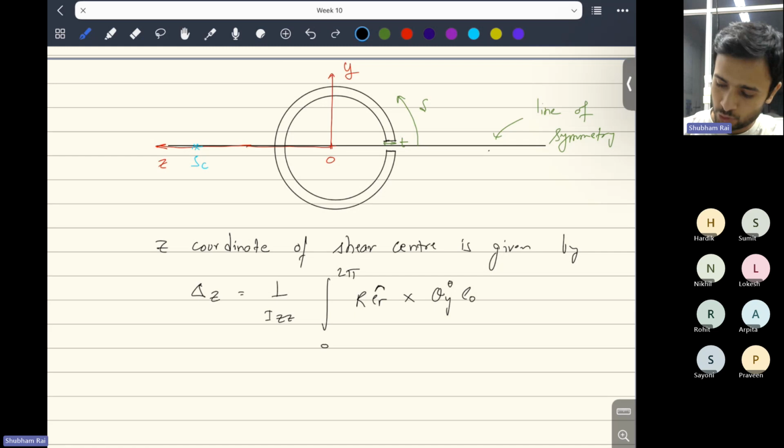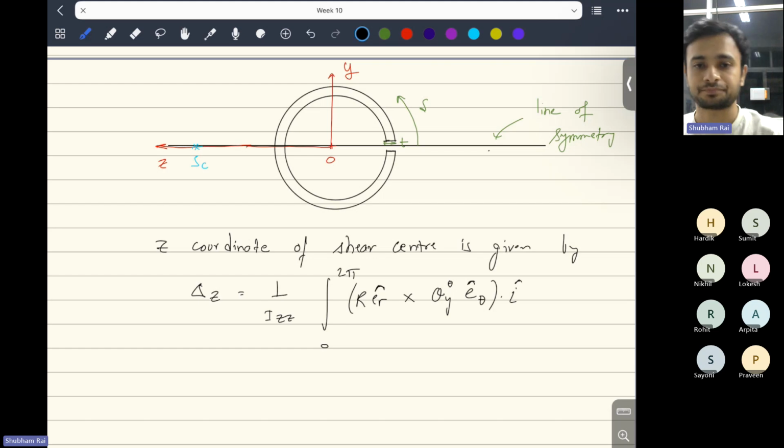Initially it was S, Q Y S, E S, but our S coordinate is theta coordinate here because theta is in the peripheral direction, the circumferential direction. S is also in the circumferential direction, so I'm just writing theta here, right? And this was dotted with I cap. Okay, and this was from 0 to S. But our S coordinate is theta coordinate here, and our theta is going from 0 to 2 pi.